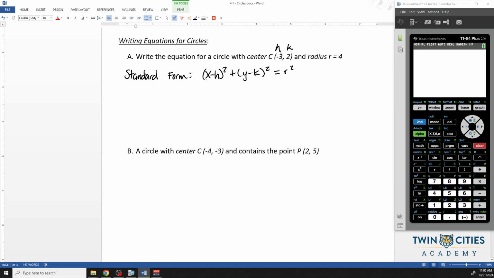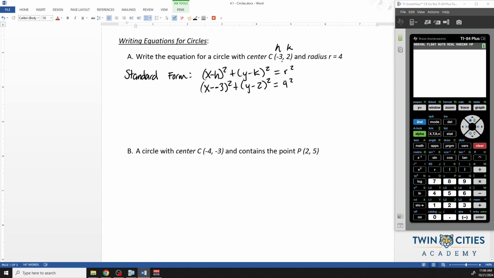Since we now know h is negative 3 and k is 2, as well as r is 4, we're just going to plug all of these in here. So I'll have (x minus negative 3) squared plus (y minus 2) squared. This is equal to 4 squared. Note that the standard form is x minus h, and then over here y minus k.